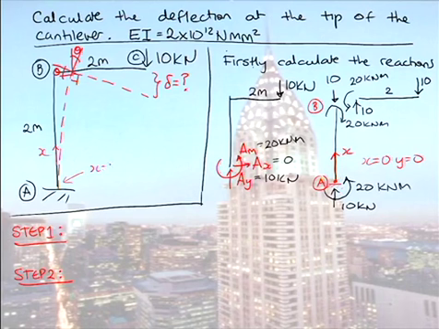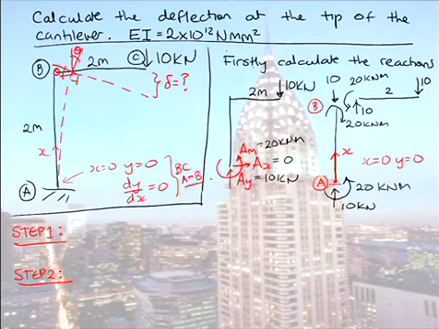What's my second boundary condition for a cantilever? This in effect is like a cantilever system. I don't know anything about the deflection. When X is 2, what is Y equal to? We don't know. What is dy/dx equal to? We don't know. But what do we know about the slope at our fixed support? 0. So when X is 0, dy/dx is equal to 0. They would be my boundary conditions for my region AB.